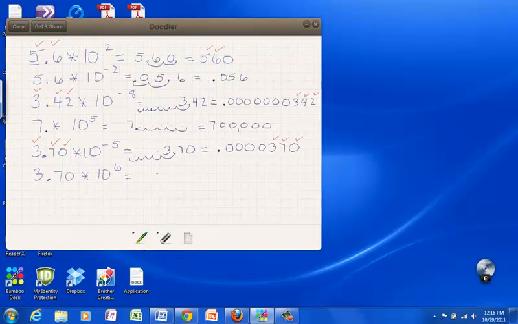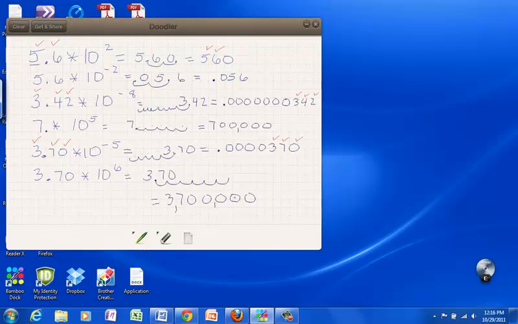And our last example. This is times 10 to the 6th power, so we want the number to get larger, so I'll count in this direction. And I'm going to need to fill in 1, 2, 3, 4 more zeros. So 370 and then 4 more zeros. And I can put some commas in.